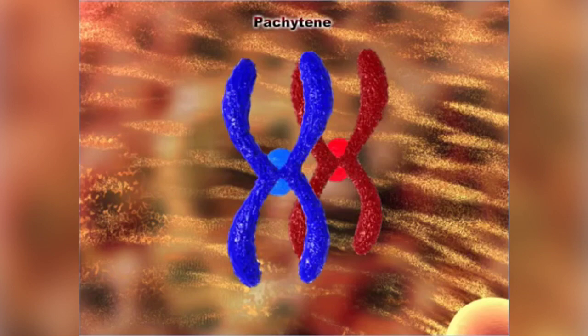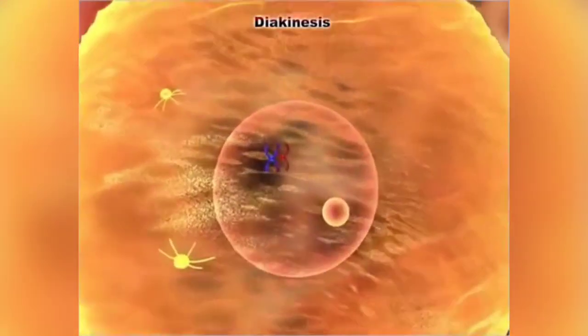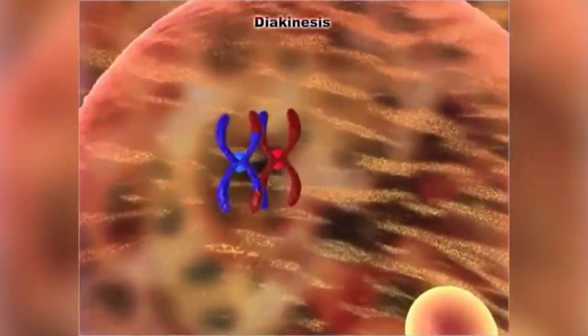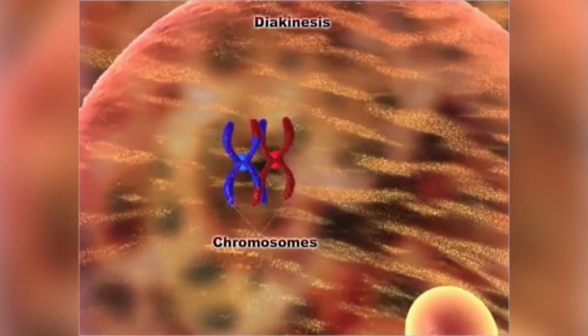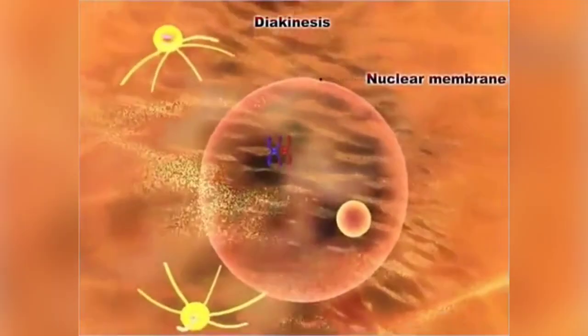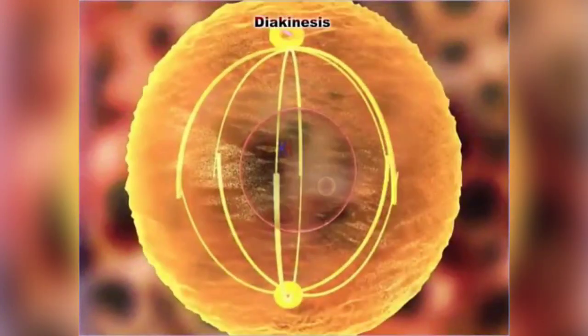As the crossing over completes, it marks the end of the pachytene phase. Diplotene is followed by diakinesis, which is also the last stage of prophase 1. During diakinesis, the chromosomes are fully condensed, the nucleolus and the nuclear membrane dissolve, and the mitotic spindle begins to assemble.